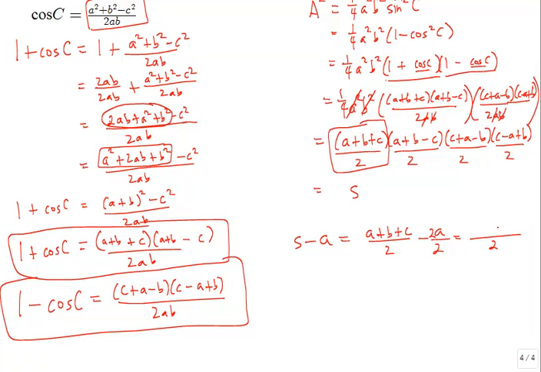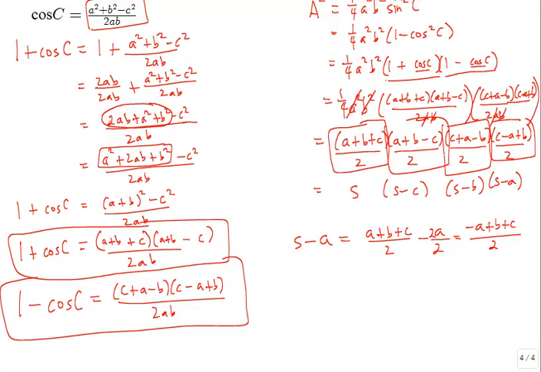If we simplify on top here, we're going to get a minus 2a, which is a negative a, plus b, plus c. Which of these up here is that equivalent to? That's this one right here. That has the positive c, the minus a, and the positive b. So this guy right here is S minus a. It turns out by similar computation that this one is S minus b, and this one is S minus c.